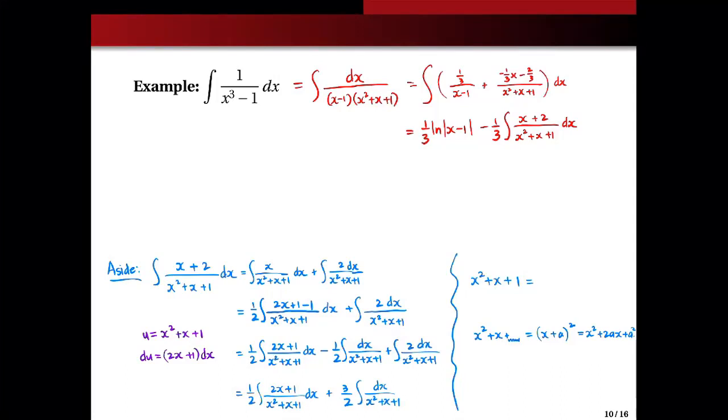So what does that mean? 2a is equal to 1. a equals 1/2. So for this guy here, it should be 1/2. But what should be this part here? That's your a squared. So a squared is equal to 1/4.